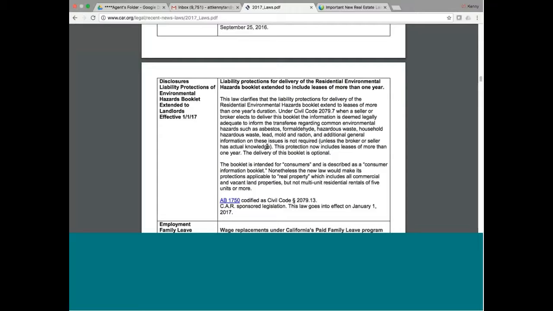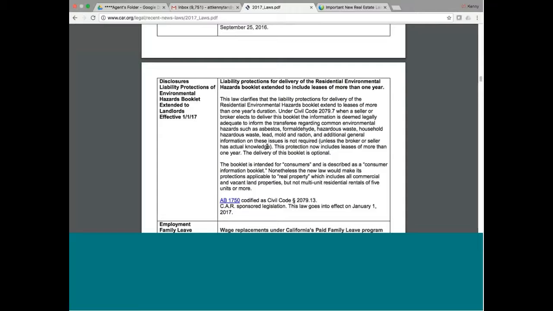If you couldn't smell it, you couldn't see it, and there was mold in the unit, and you never advised the buyer to get a mold inspection report done, and you have given this booklet to the buyer, you would be safe, wouldn't you? Right? So I think it's useful for that limited situation only.